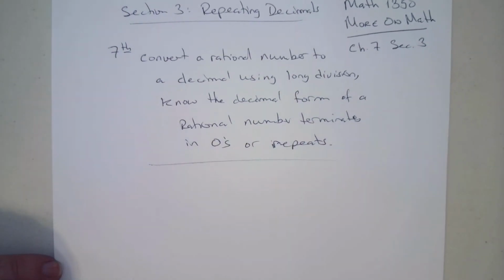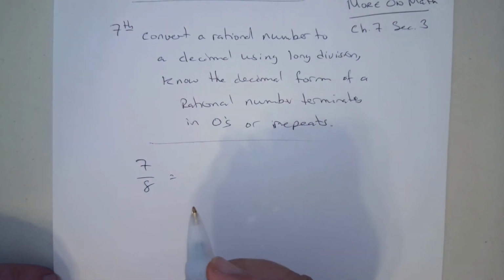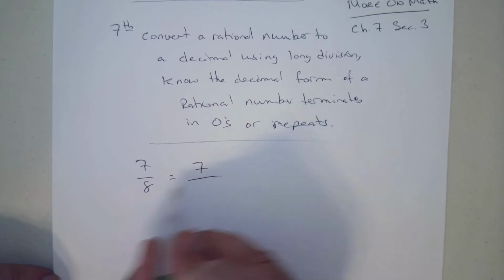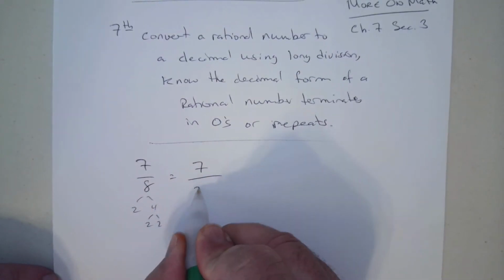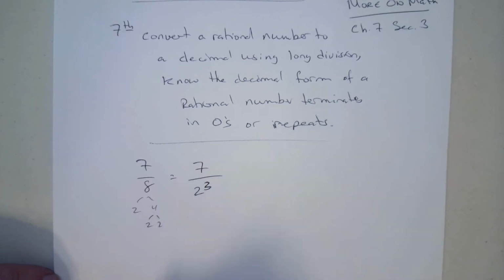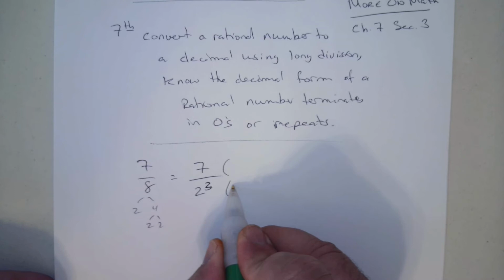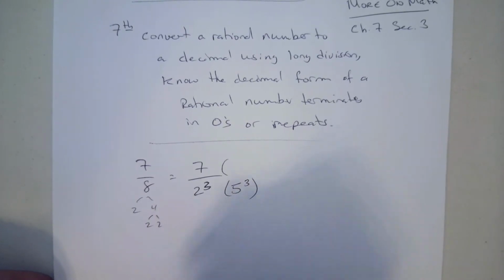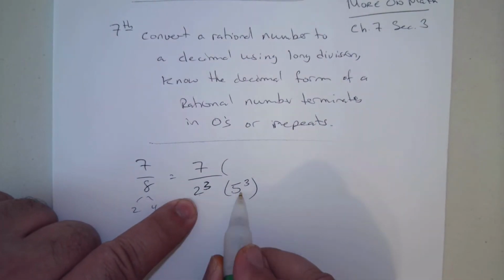So, what does that mean? Well, earlier we saw 7 over 8. We broke down 8 into 2 times 2 times 2, and we saw that to make it a terminating decimal we needed 5 times 2 is 10.